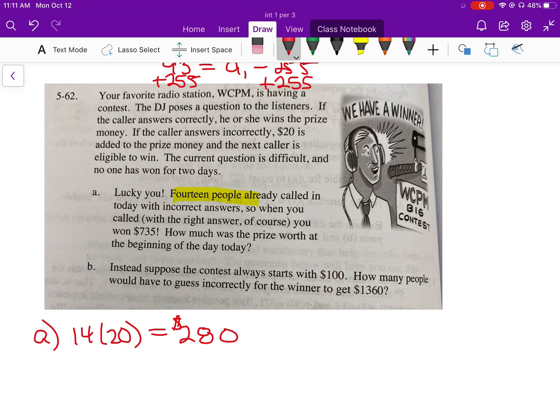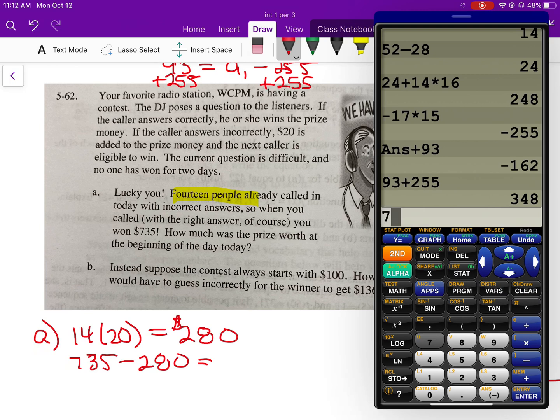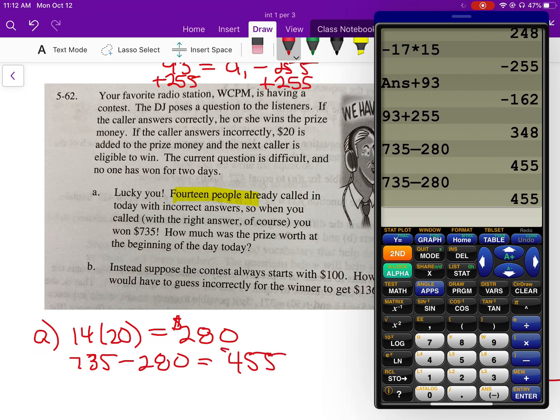So how much was it at the beginning of the day? What'd you do? Yeah, 735 minus the 280. 735 minus 280 is $455.